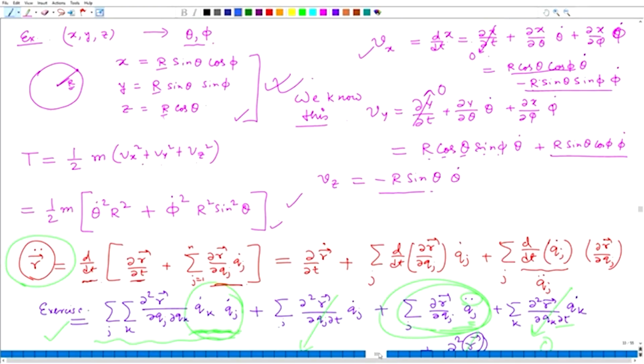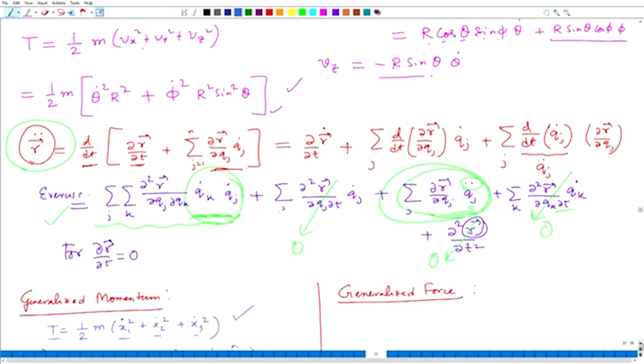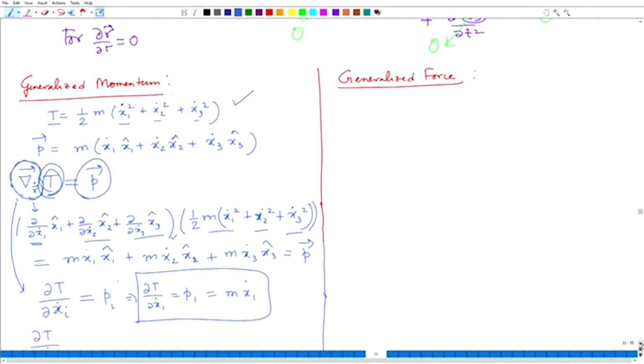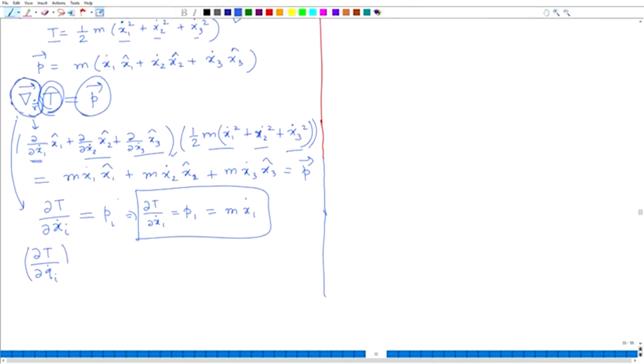Then in principle I can calculate this quantity del T/del qi dot, and that will give me pi. This pi is known as the generalized momentum corresponding to the generalized coordinate qi.